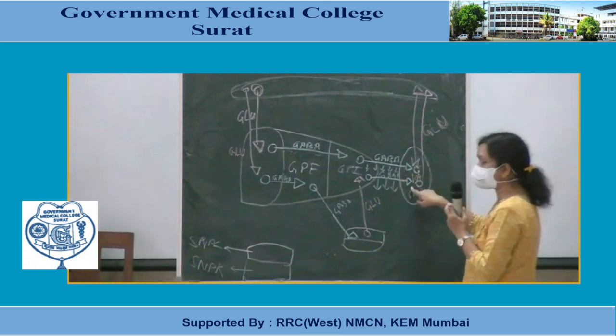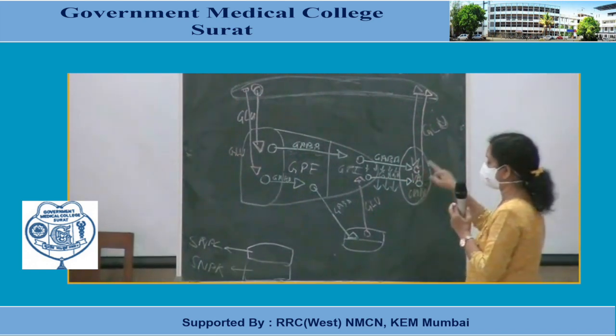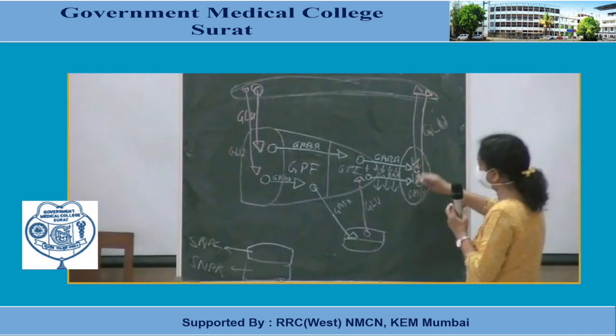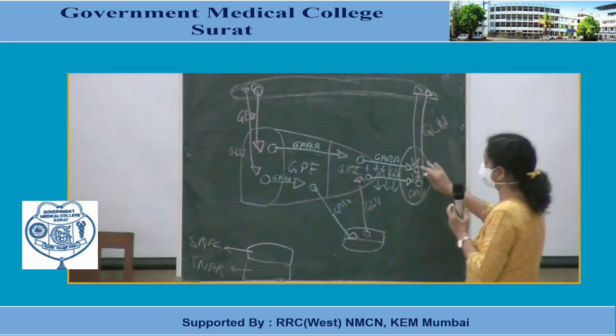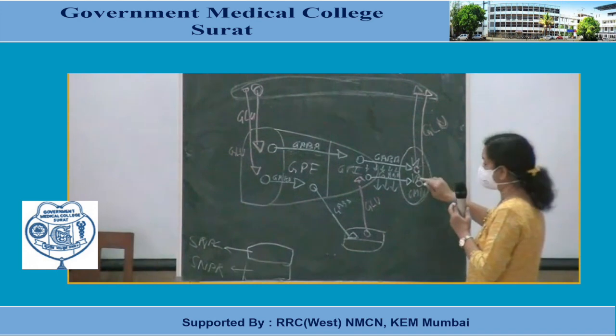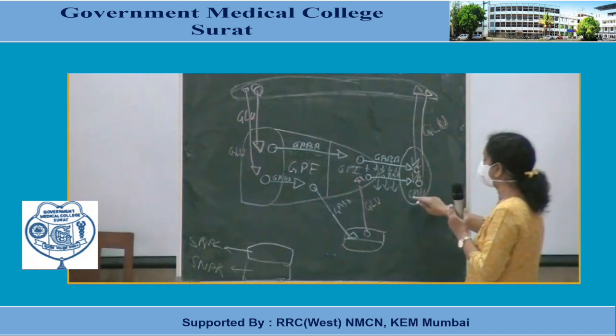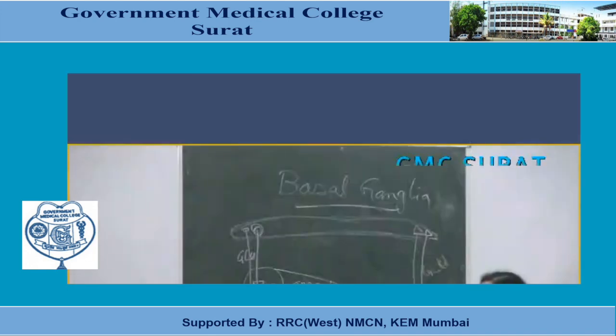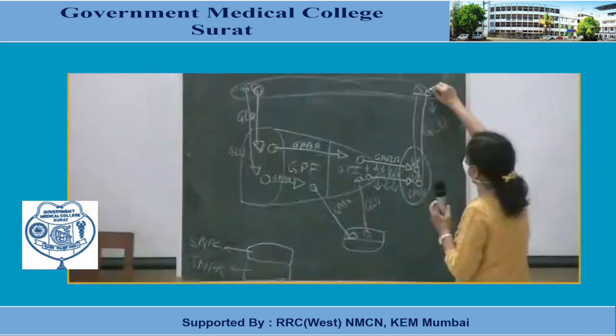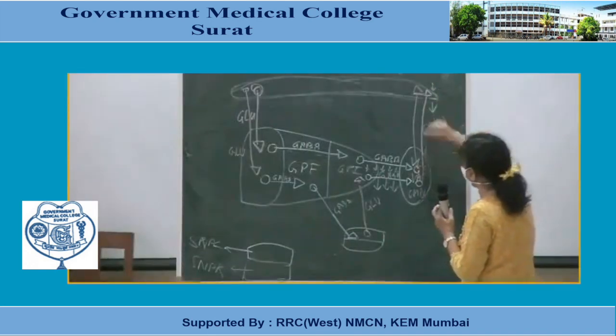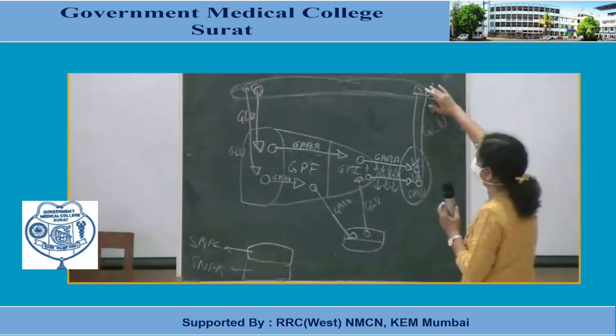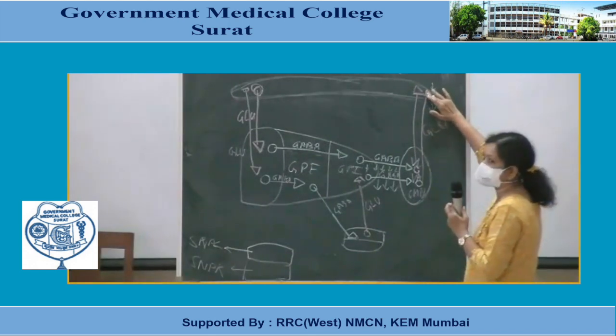If more GABA is secreted in the thalamic region, what will it do? It will inhibit the various nuclei, that is the ventral lateral, ventral anterior and the centromedian nuclei of the thalamus. If these regions are inhibited, the output of the thalamocortical fibers will decrease, so there will be less excitatory output in the cortical region.